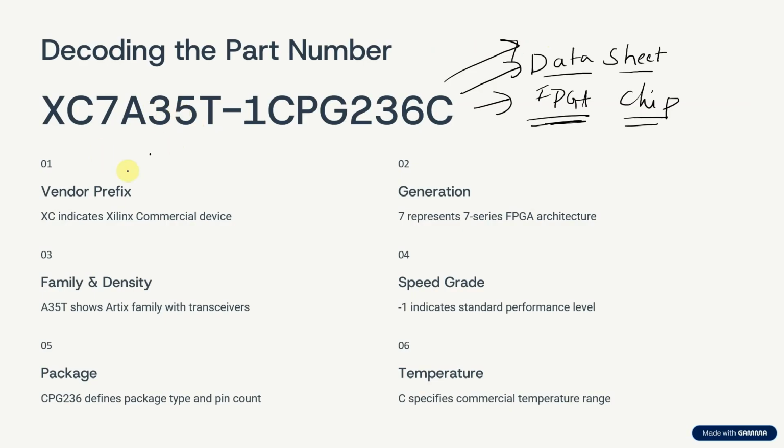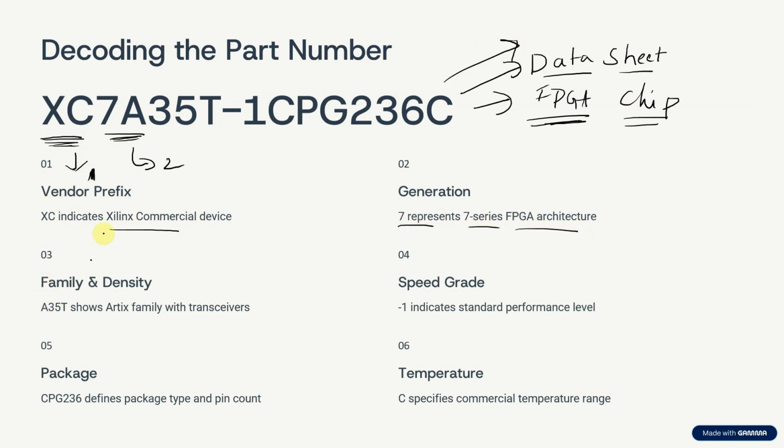Now, the first one is vendor specific. So this XC we have indicates it is a Xilinx commercial device. XC will tell you which vendor it is, and the 7A will tell you the generation. So 7 represents the 7 series FPGA architecture.